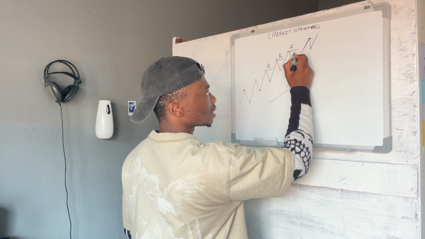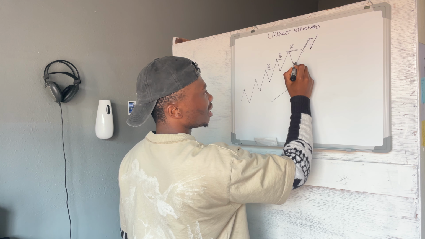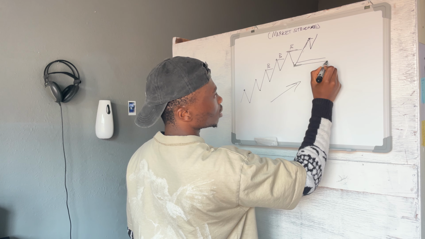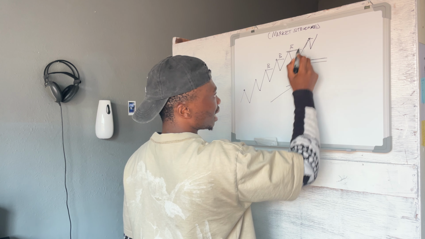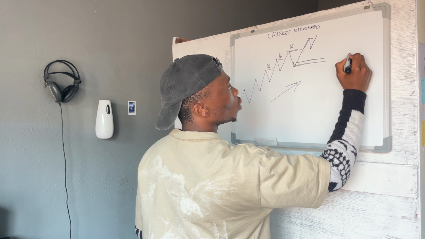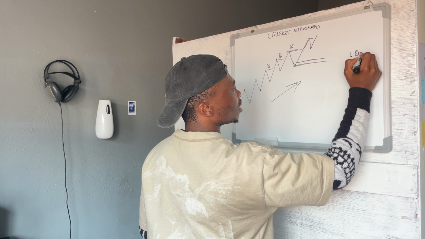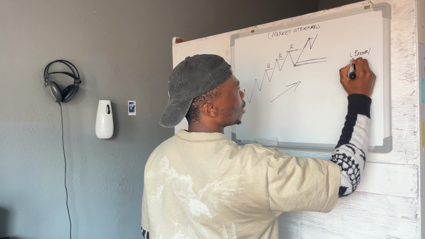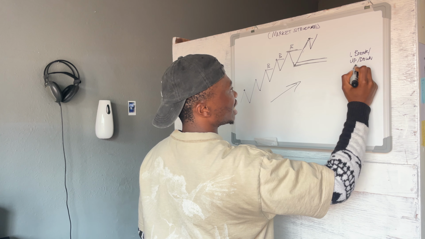Once the market breaks the structure to the upside, there's what's called here an order block. Immediately the market gives me a break of structure. Step 1 is the break, whether the break is to the upside or to the downside, depending on the trend.